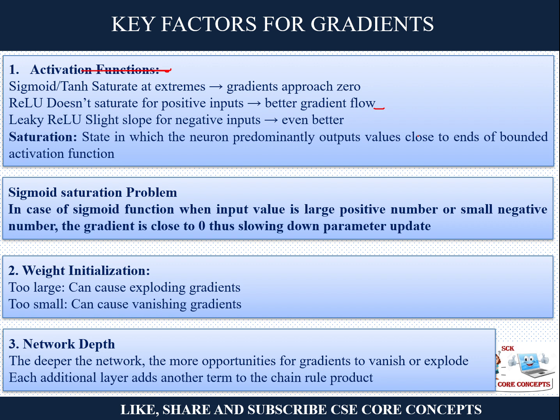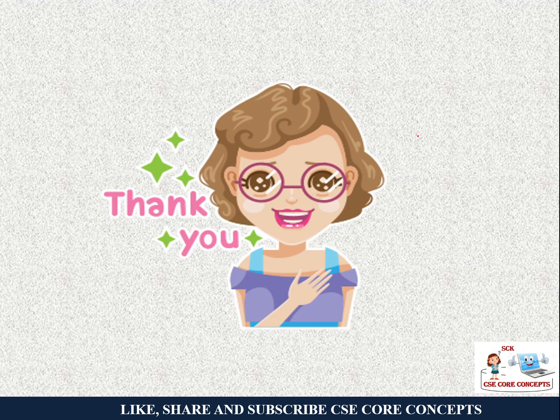As I told you, if I give you a message via 100 people, the message becomes almost unrecognizable. If I pass the same message via 500 people, the message would change even more, right? So with a deeper network, each additional layer adds another term to the chain rule, right? You go on doing differentiation in the chain rule, and that causes the gradients to either vanish or explode.